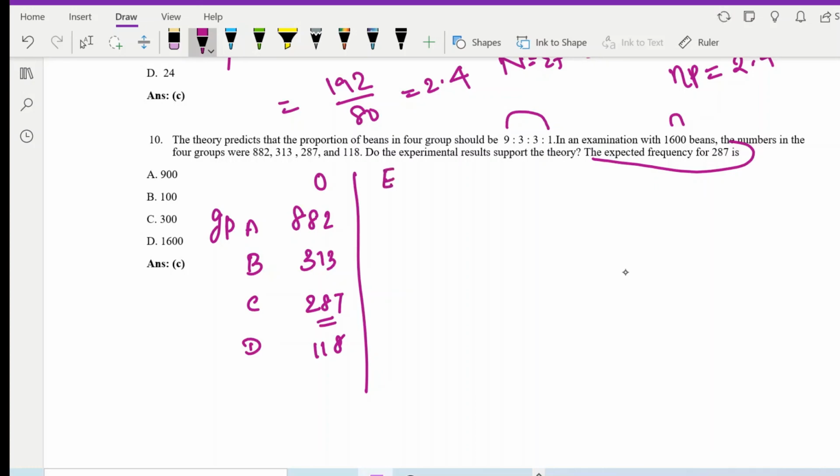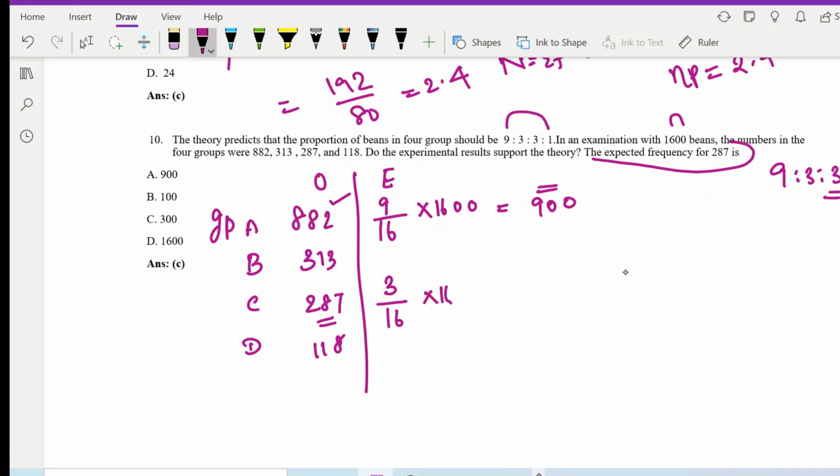So we have to calculate the expected frequency. The given ratios are 9:3:3:1, and the summation of 9, 3, 3, 1 is 16. Out of 16, group A is represented by 9. For 1600, that gives 900, so 900 is the expected frequency corresponding to 882 for group A. Similarly, out of 16, group C is denoted by the number 3.